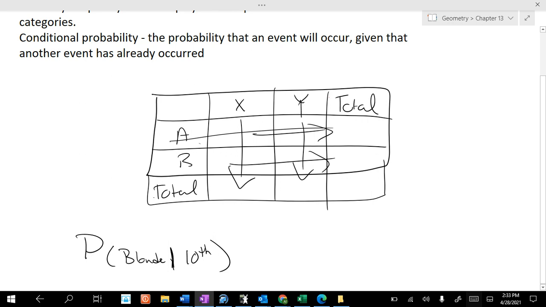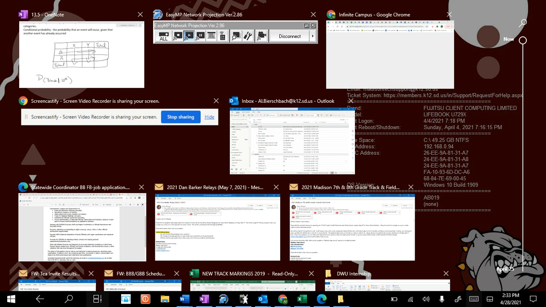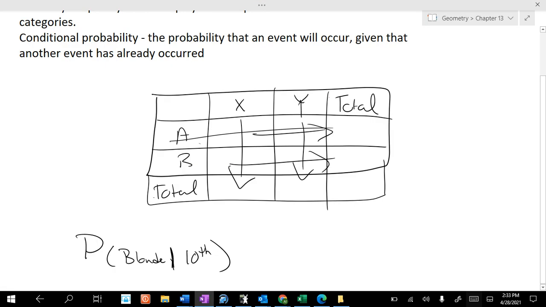The probability of being a blonde if you're a sophomore. Actually, sophomore. Out of all of the, sorry, I didn't probably ask that right. So, what is the bigger group? What is the group where the other ones come from? Because if it's blondes, out of the group of sophomores, if you're a sophomore, how many of them are blonde?